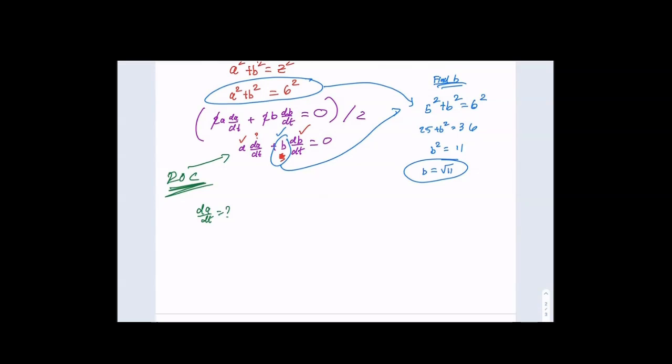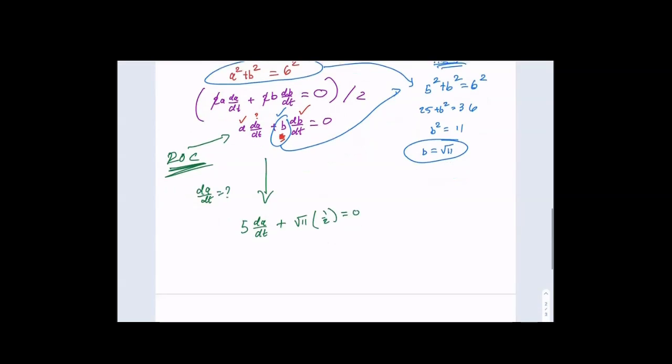So we'll plug in, we get what? 5 dA/dt plus square root of 11 times 1/2 equals 0. Good.